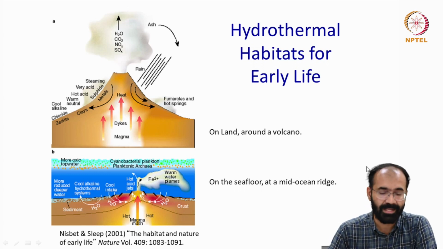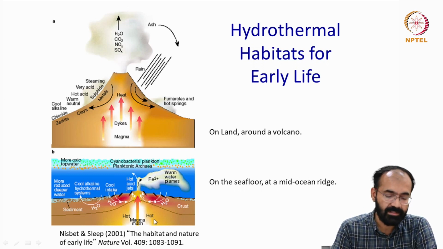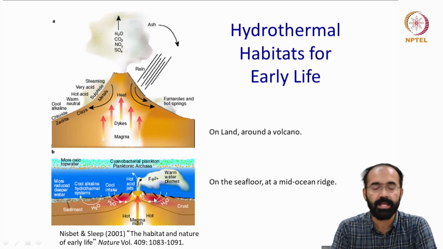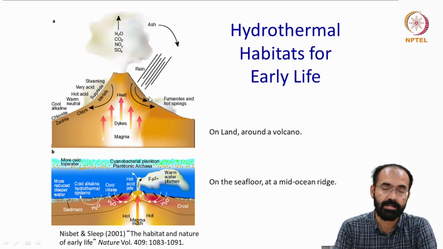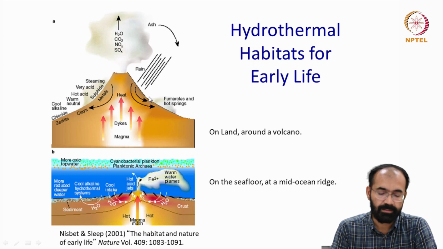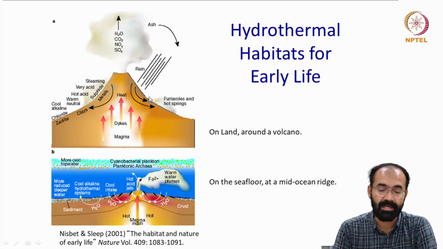You all know about volcanic eruptions, explosions, etc. In this picture you can see two situations: one is a volcanic depiction and another is a hydrothermal vent. Basically, the volcano and the hydrothermal vent are one and the same, except that a volcano is on the terrestrial surface, that is dry land, whereas at the sea floor, the same volcano acts as a hydrothermal vent.